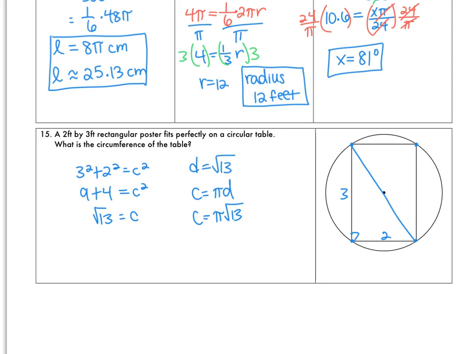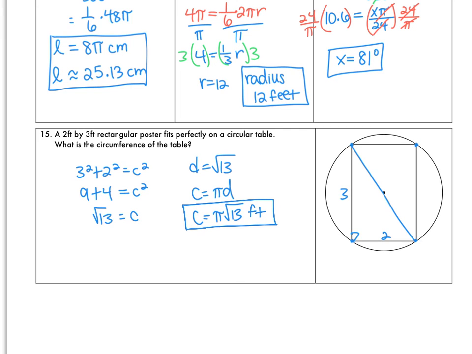But again, the reason we don't usually put anything after the square root is because we're not sure just by handwriting if it belongs underneath the square root or not. So it's always put in front. So put that pi in front if you've got a square root that you're multiplying it by as well, or any radical. And I need to put a label. So feet, that is the exact answer.